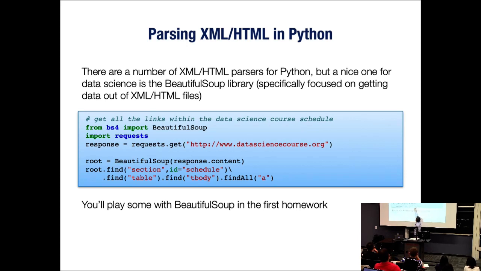So I'm going to say find all A, and A is a tag for a link in HTML, right? So I'm going to find all of these in this node here, which is a large subset of the document that I've gotten to by going many layers deep. And that's basically how this works.